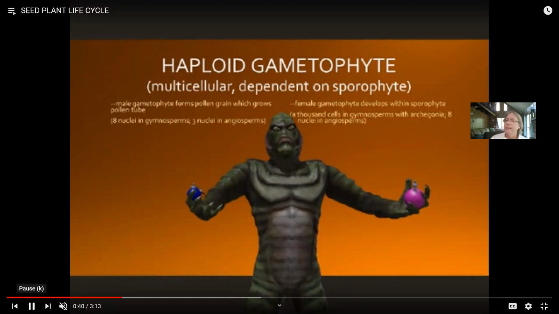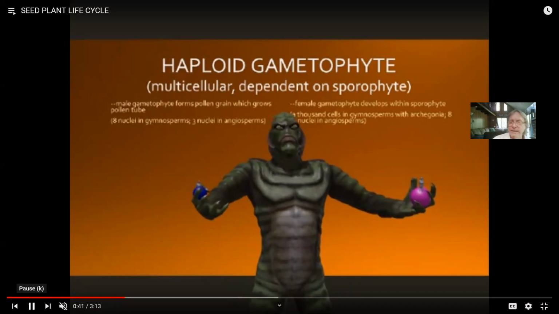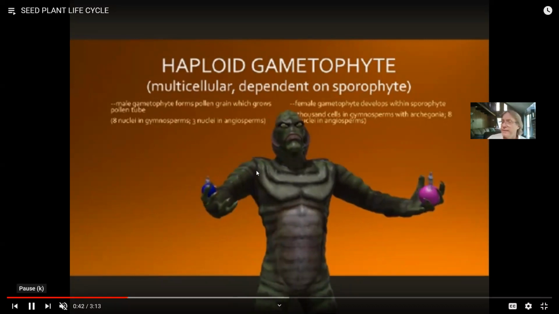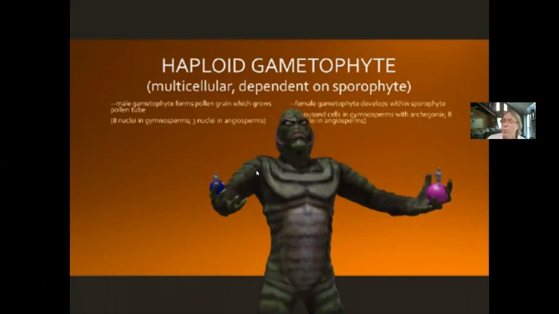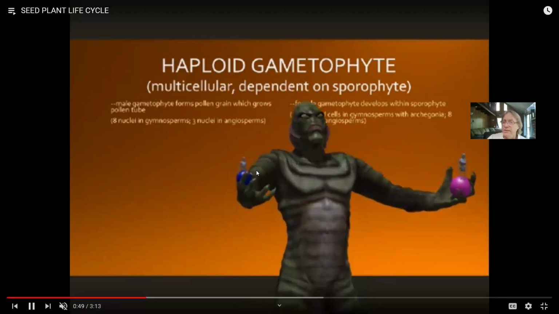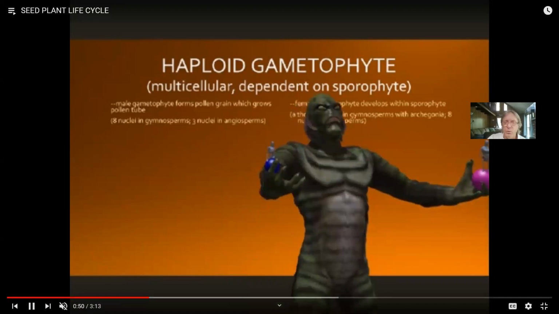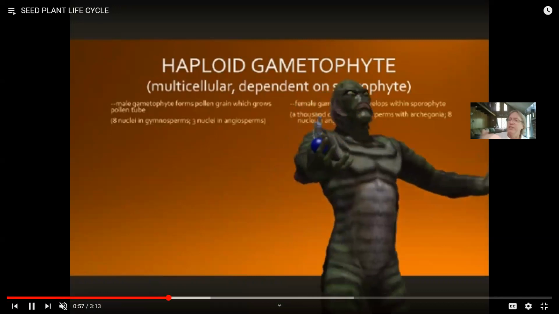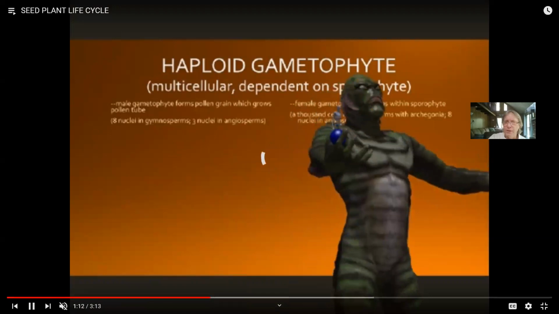So the gametophyte generation is no longer free living, but it's now growing within, say, a cone, or within a flower, or in the pollen grains, which are now reaching the female cone or the female part of the flower. So now the sporophyte is not only the dominant generation, but it is the only free living generation. So the gametophytes are dependent on the sporophyte.